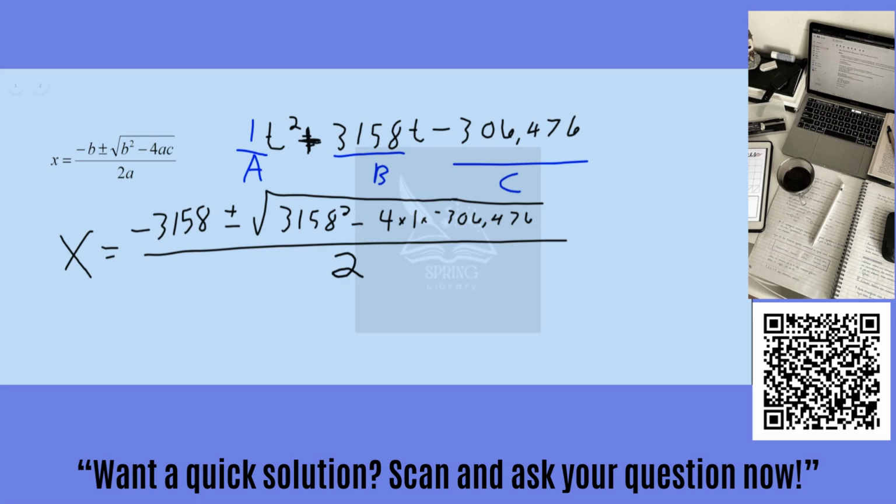So when we plug all this in and start working through some of the equations in your calculator there, we end up with t equals negative 3,158 plus or minus 3,346 divided by 2. Now, because we're talking about how long it takes the horse to run the race, we don't actually care about the negative 6,000 answer, because this horse can't run the race in negative 6,000 seconds.